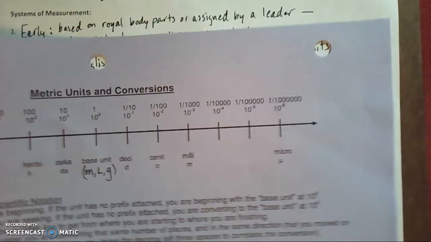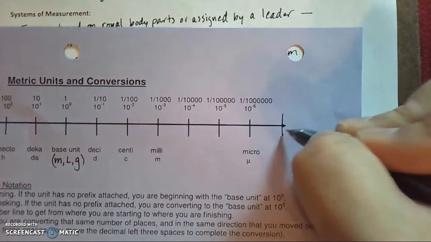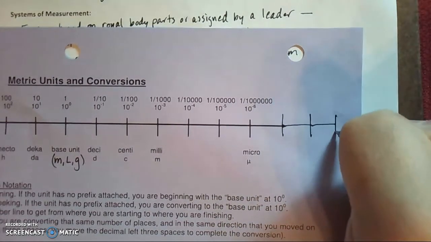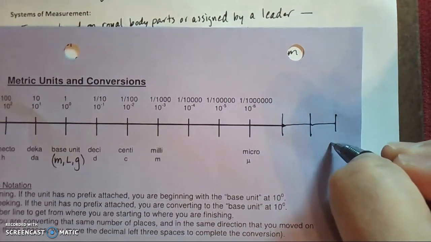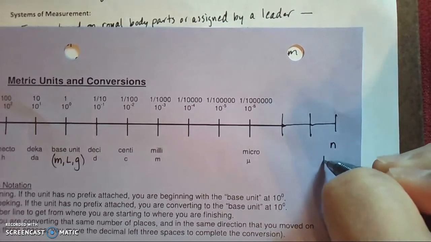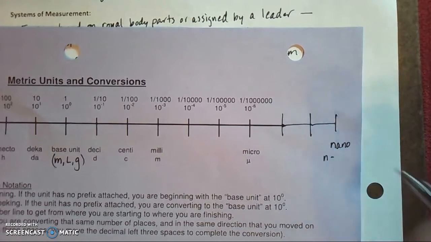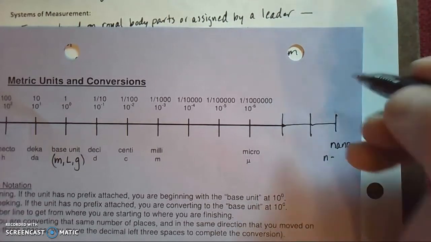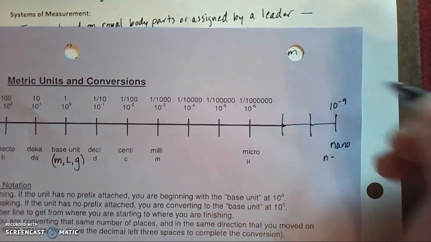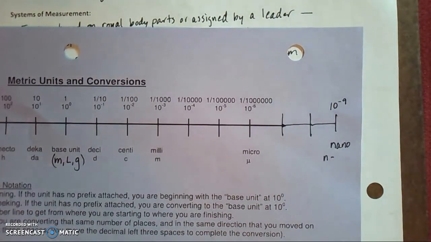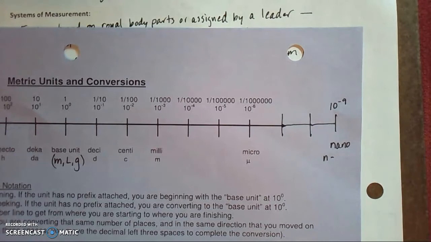And we're going to actually extend this out 1, 2, 3 more and put an N right here for nano, because that one is used a lot anymore. So this is 10 to the negative 9, which is 1 billionth of a meter.